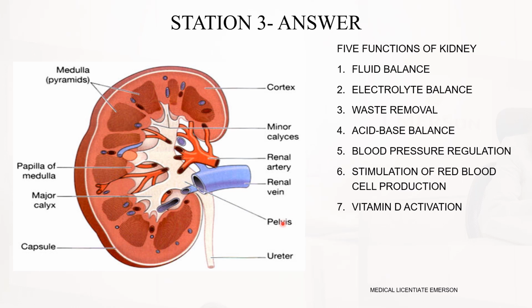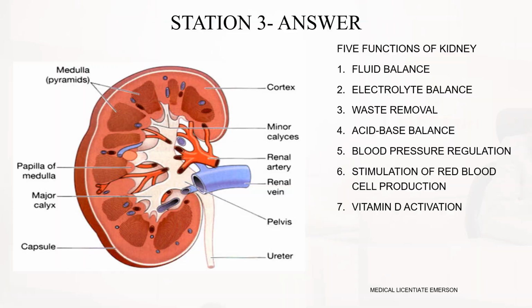I wanted to add more than 5 so that if you forget some, you can add more answers. If you just know 5, the possibility of forgetting 1 or 2 is high. But if you know 7, then at least you are safe.